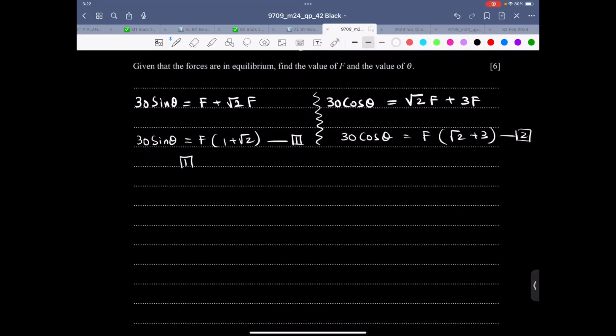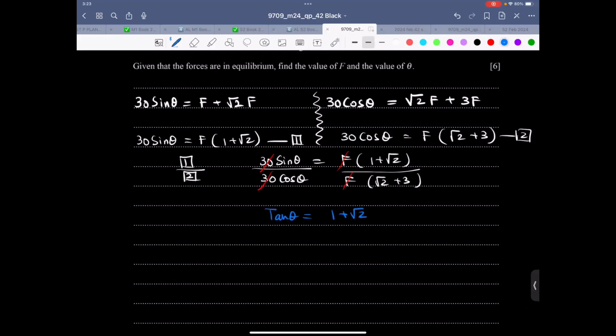If I take equation 1 and divide by equation 2, 30 sine theta is equal to F (1 + root 2) divided by 30 cosine theta equals F (root 2 + 3). Now the F cancels with the F and the 30 cancels with the 30, and we are left with tangent of theta is (1 + root 2) divided by (root 2 + 3).